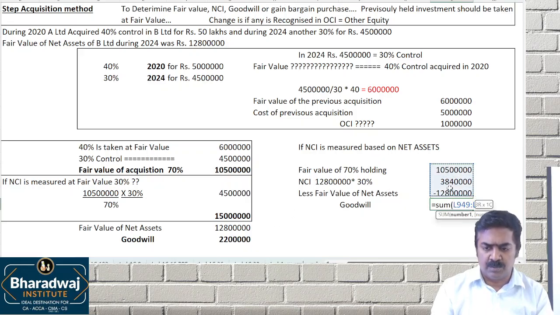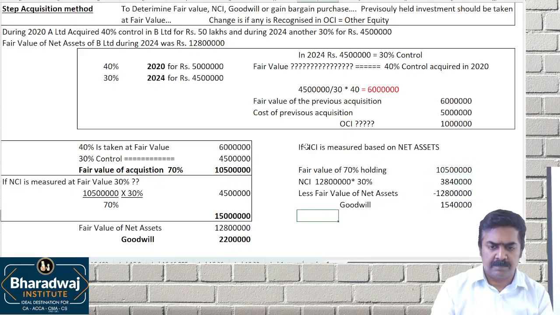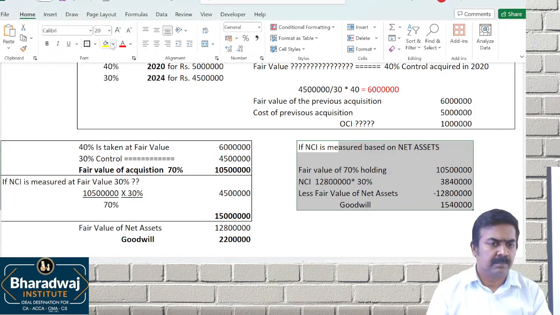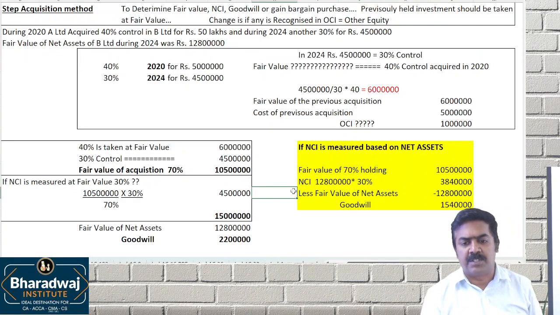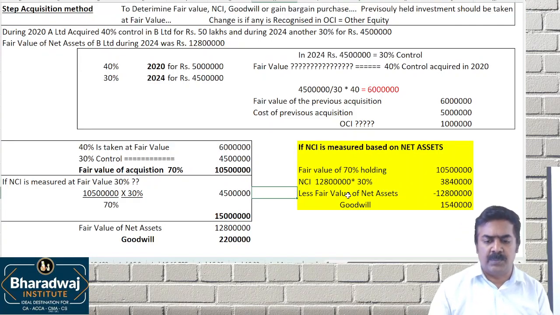Please take up this case also. If NCI is measured based on net assets, this is the value.